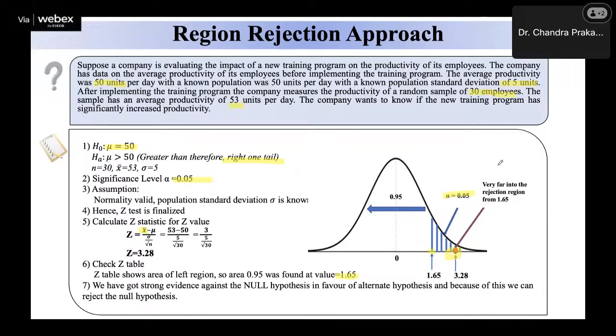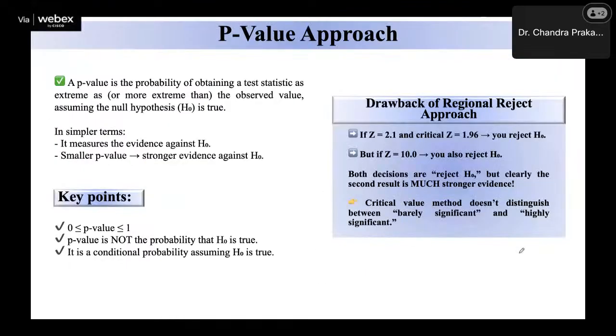The issue over here is that even though the value is 3.28, or even if the value is 10, I'm not able to give some confidence to that. For me, if it is more than 1.65, I will reject it, right? So the drawback of the rejection region approach is that if Z is 2.1 and the critical Z is 1.96, you reject H0.